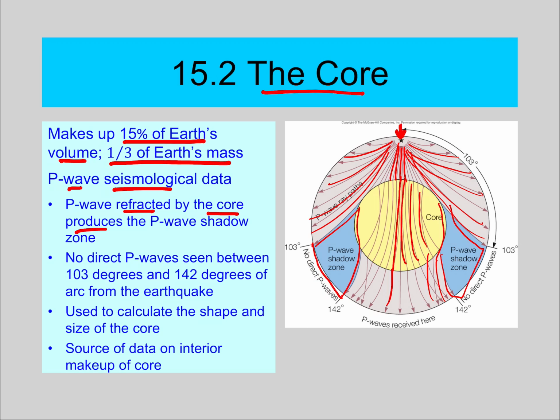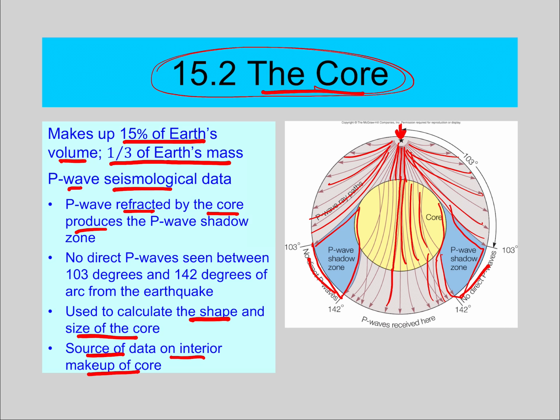So no direct P waves are observed over in this area. They used that information to calculate the shape and the size of the core, using a lot of math, and the source of data on interior makeup of the core. Okay, so this is how we know about the core.